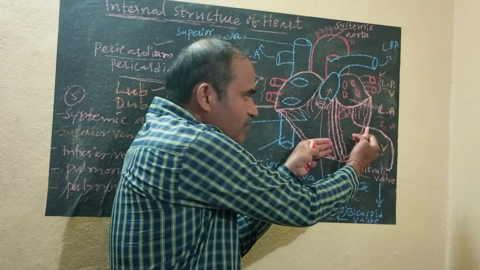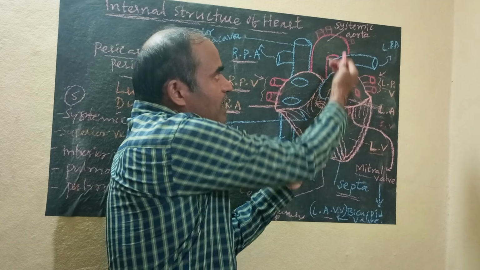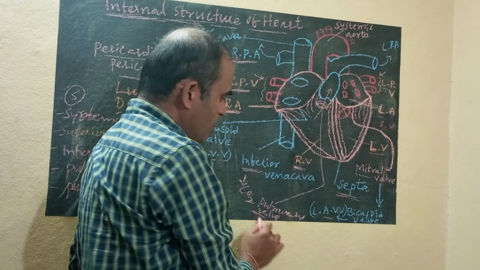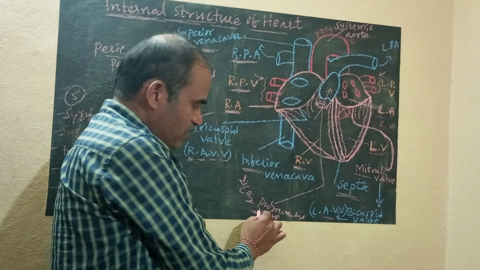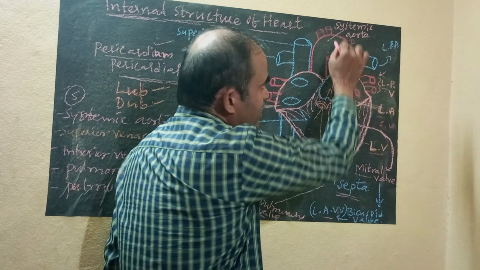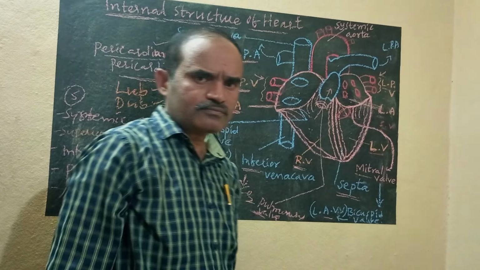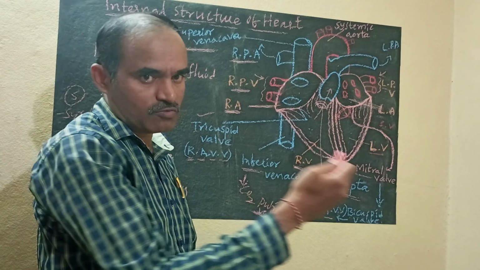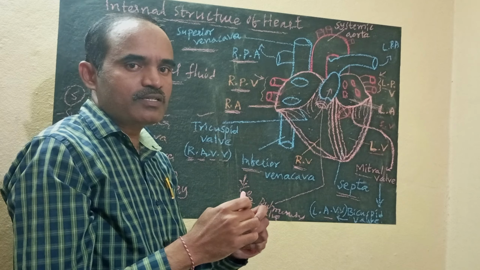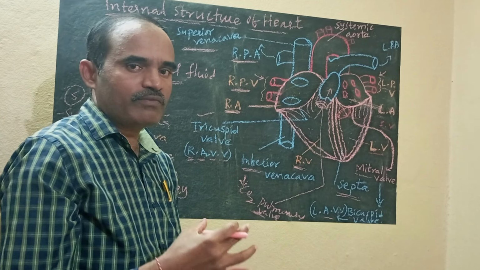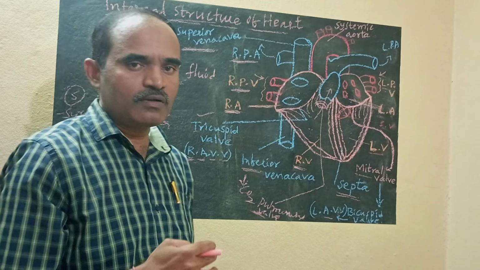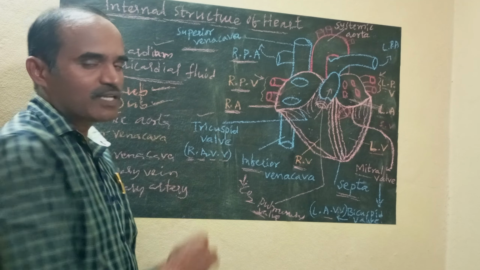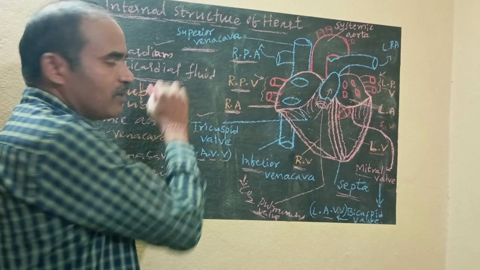When the blood flows from the lower two chambers to the pulmonary artery and systemic aorta, the pulmonary valve and systemic valve are forcefully closed, and the sound is called dub.